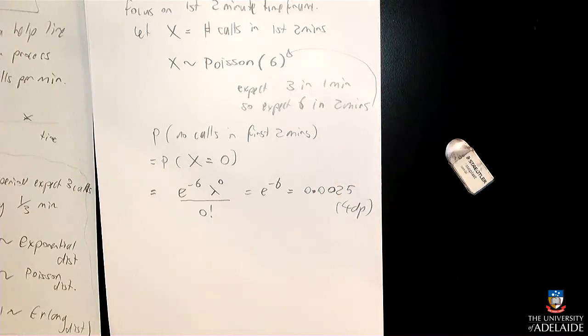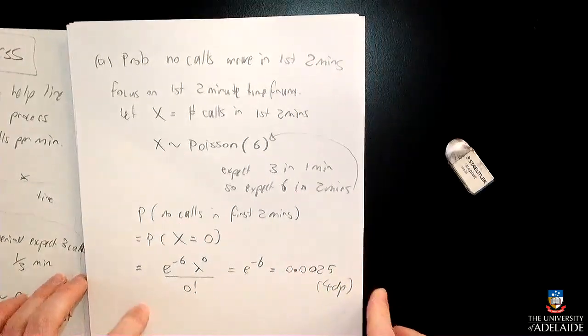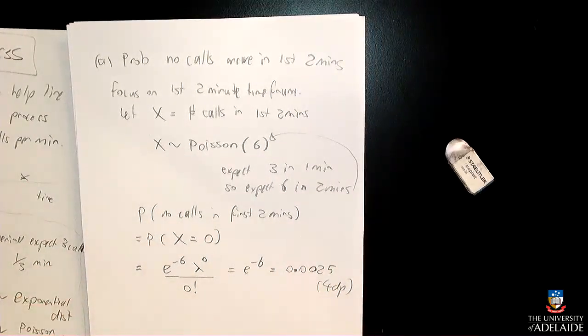I could have done this a different way if I wanted to. I could have, instead of focusing on that first 2 minute time frame, focused on the first call and said, how long does it take until the first call happens?